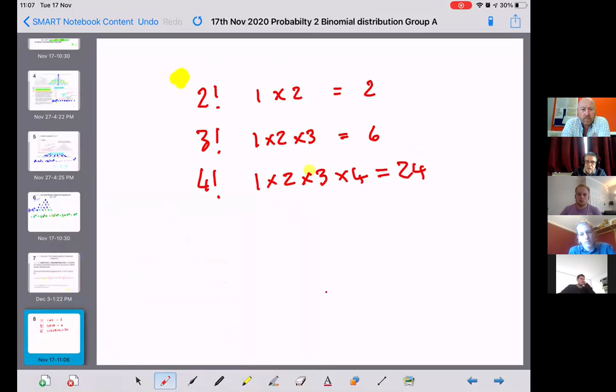So factorial means multiply all the numbers up to that number together. And you have a button on your calculator that will do factorials, if you've got your scientific calculator with you.